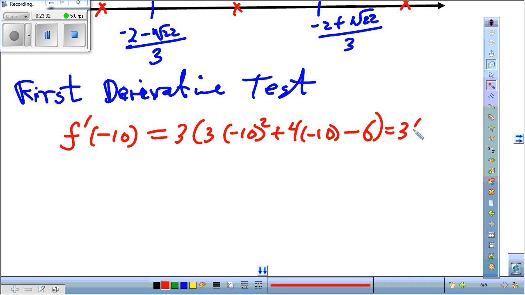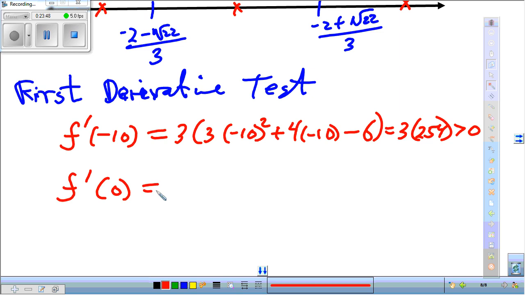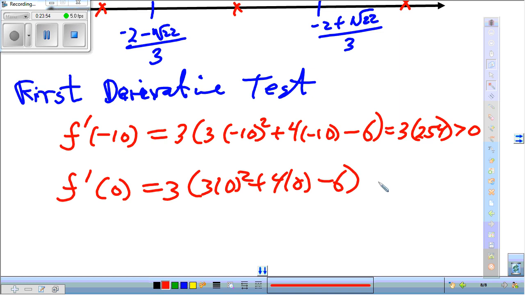So that would be 3 times 254, and certainly positive. Test the first derivative at 0. So 3 times 0 squared plus 4 times 0 minus 6. 3 times minus 6, certainly less than 0.